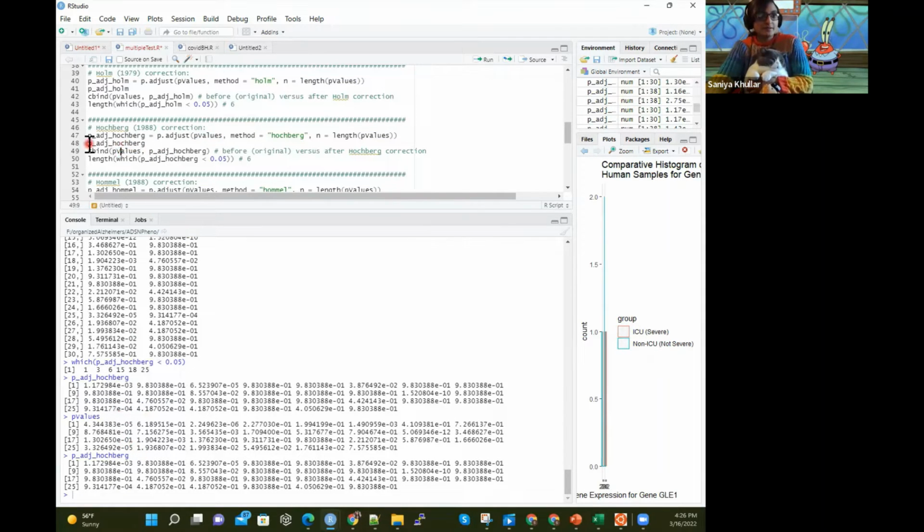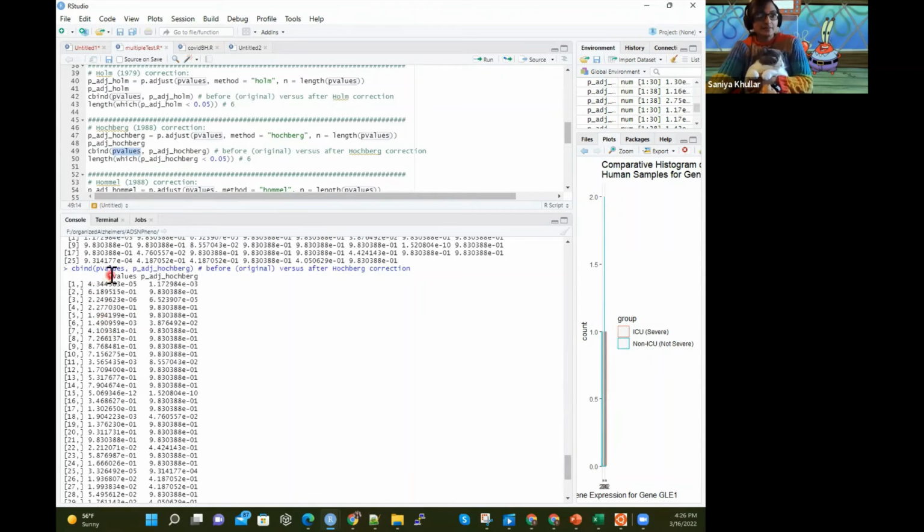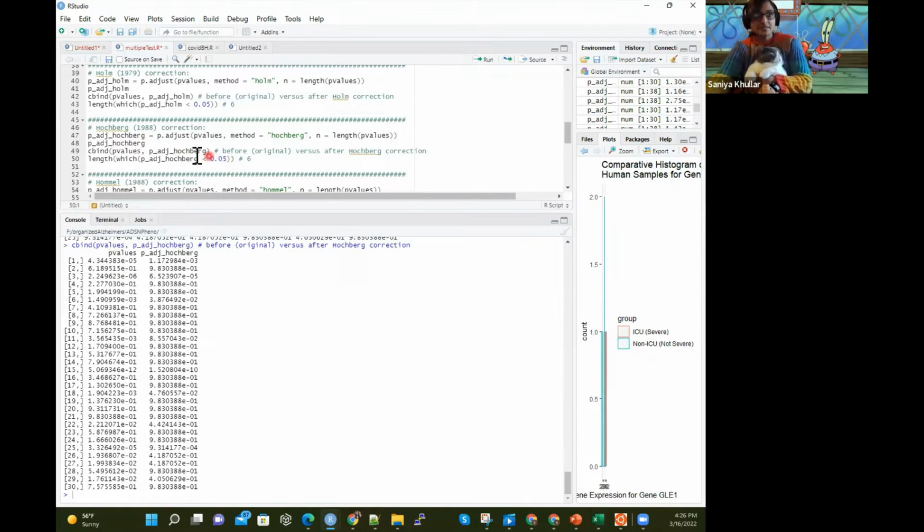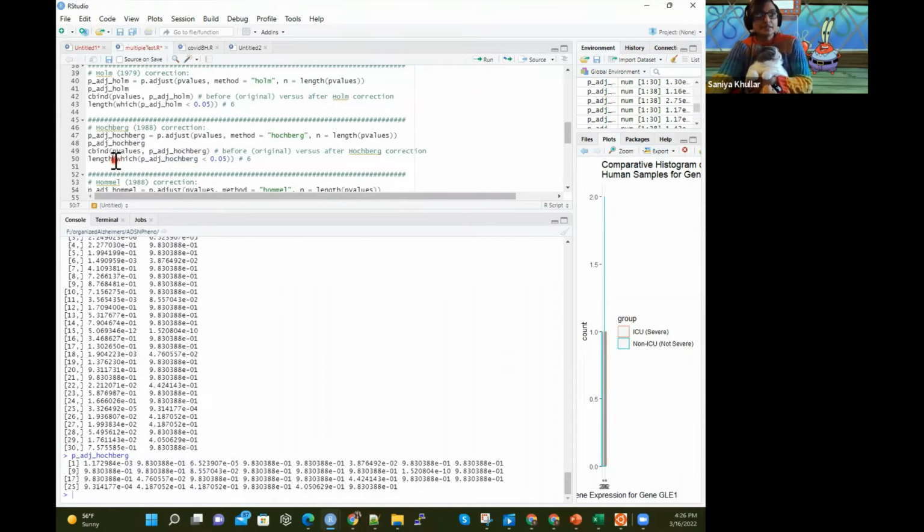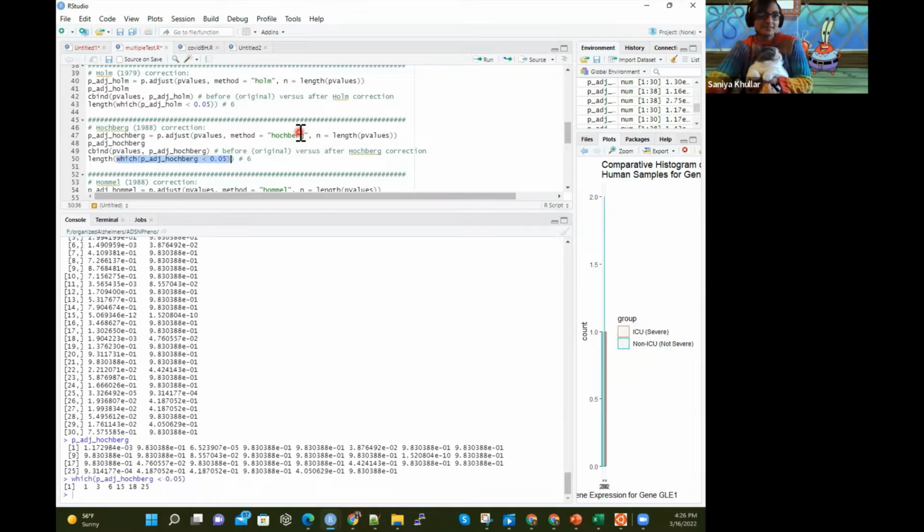And when I'm doing the cbind, I'm doing a column bind where I'm going to have my p-values on the left, that's what this first thing will be, and the second will be the p.adjust Hochberg, so I can compare them. That's what cbind is, a column bind. And now I'm just looking here and finding which of these is less than 0.05.